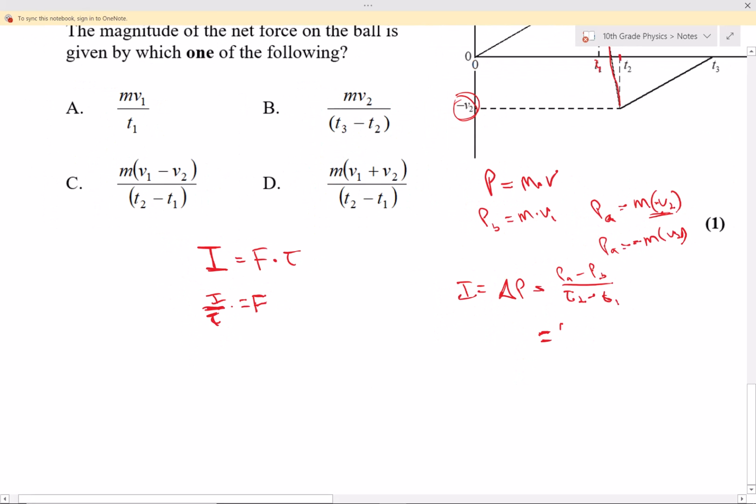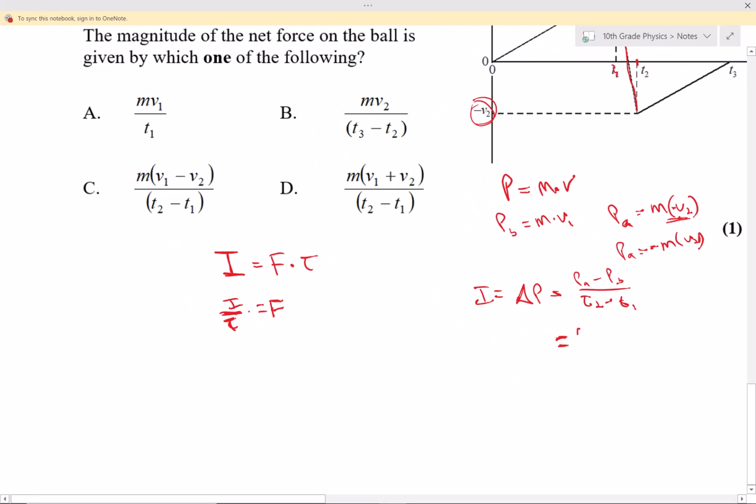And so the impulse here would be basically the momentum after minus the momentum before, right? So in this case, the momentum after is negative mv2, minus the momentum before, which is mv1. I'm putting the negative here because of what we had here.